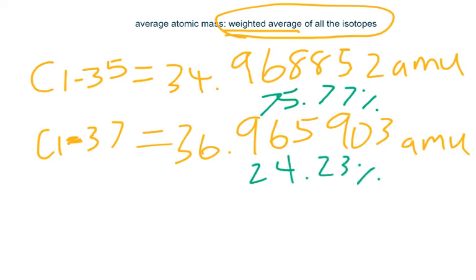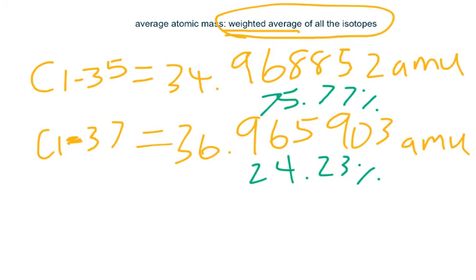So notice that since chlorine 35 and chlorine 37 are the main isotopes for chlorine, then these two have to add up to 100%, and they absolutely do if you do the math. So let's go undo all this, and now let's figure out how to do weighted averages.